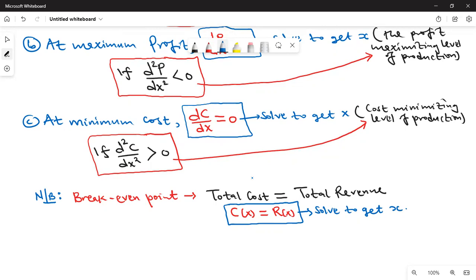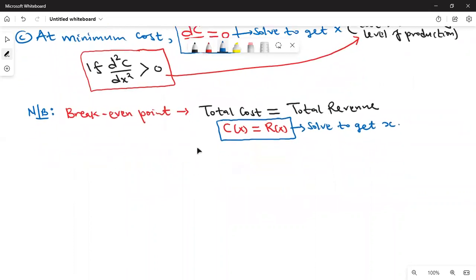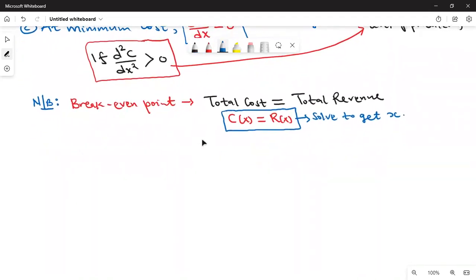Another term here is what you are calling the point of diminishing returns. Let me write it. Point of diminishing returns. What do you mean by this?